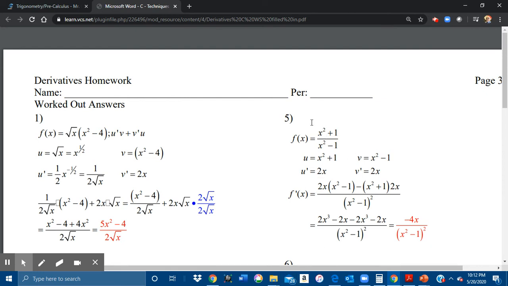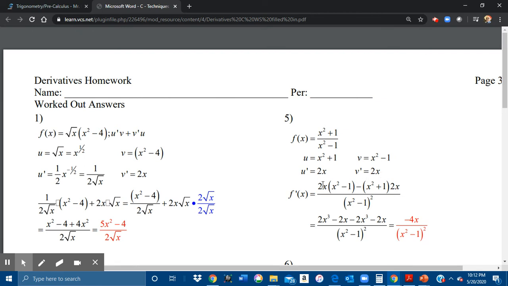So for number 5, I've got x squared plus 1 all over x squared minus 1. So my u is the numerator, which is x squared plus 1. My denominator, which is v, is x squared minus 1. The derivative u prime, the derivative of x squared, is 2x. And v prime, the derivative of v, is just 2x.